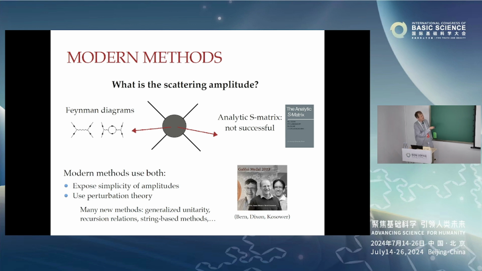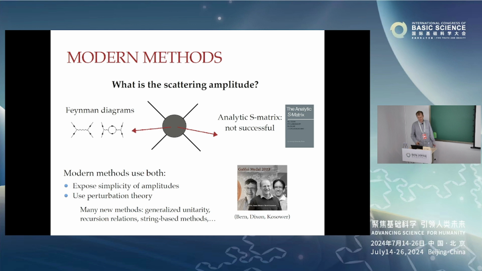Now, there was another method called the analytic S-matrix program, which predated QCD and basically died after QCD was developed. It was very ambitious and basically was not successful, it failed back then in the 1960s. The idea was that you should treat the amplitude, the S-matrix, as a mathematical function, and you should find enough constraints to fully fix it.